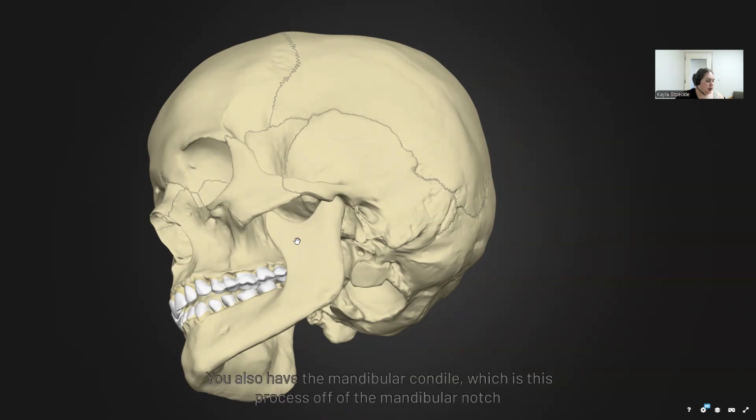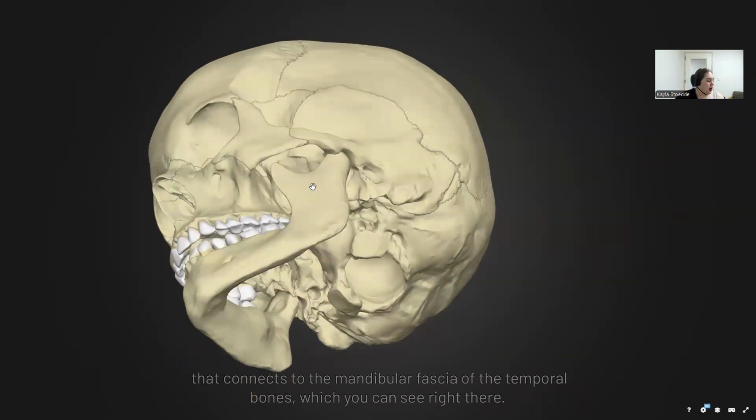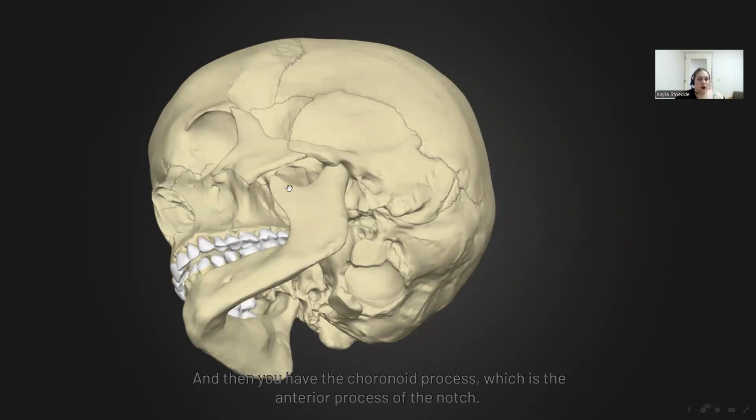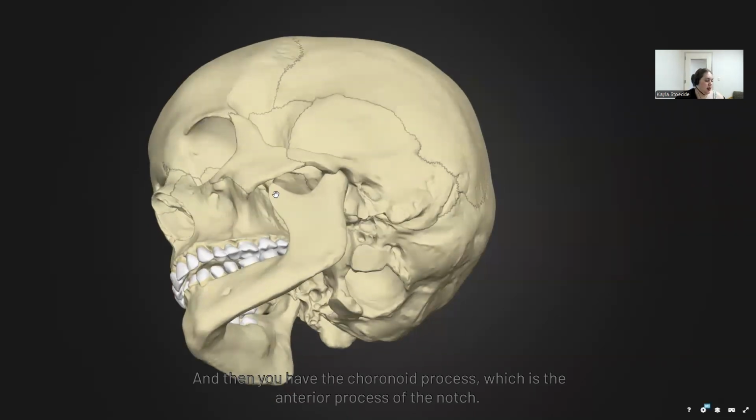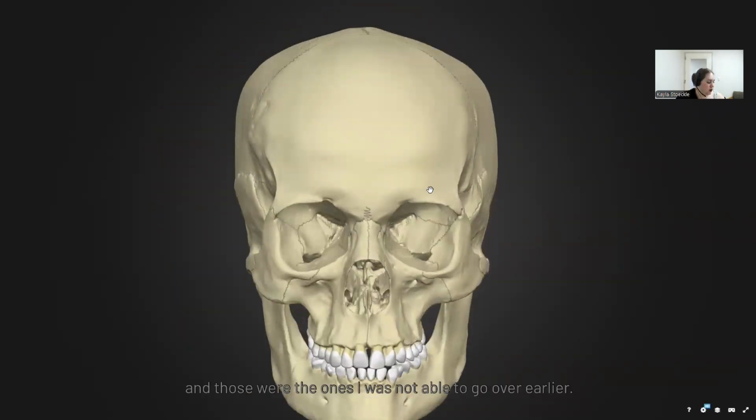You also have the mandibular condyle, which is this process off of the mandibular notch that connects to the mandibular fossa of the temporal bones, which you can see right there. And then you have the coronoid process, which is the anterior process of the notch. And those were the ones I was not able to go over earlier.